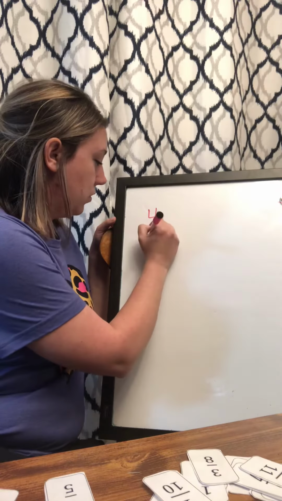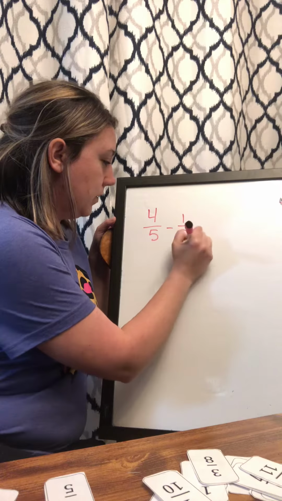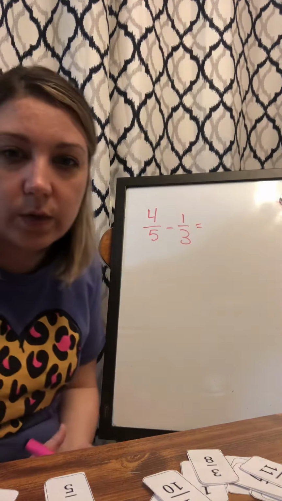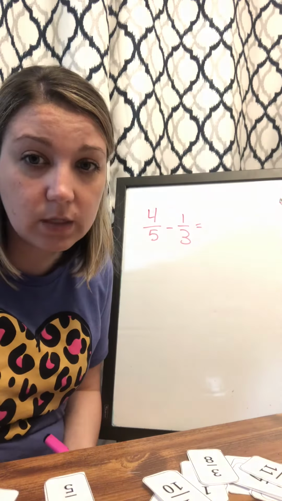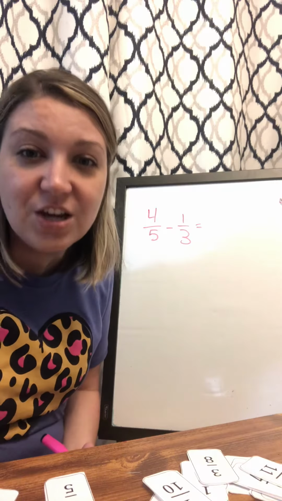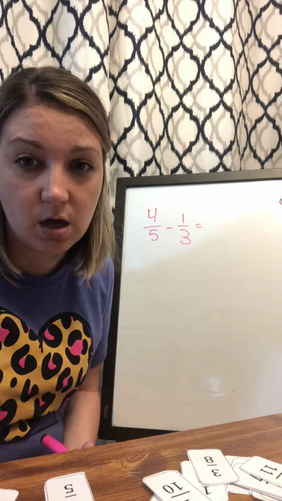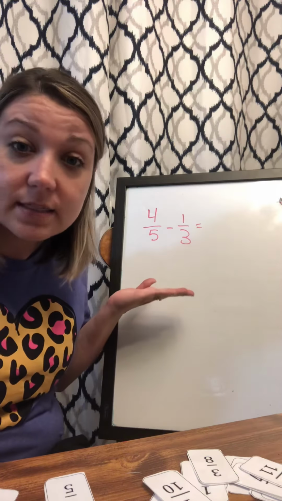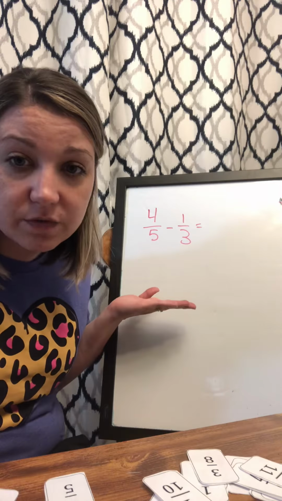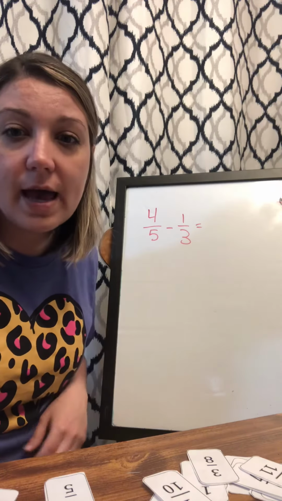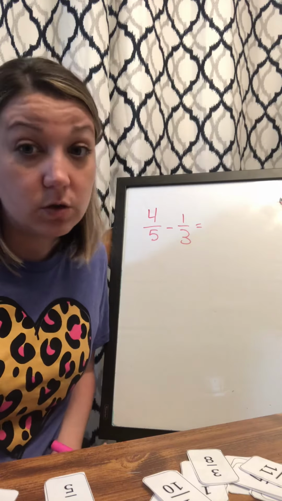So 4/5 minus 1/3. What do we notice about these fractions? They have unlike denominators, so we have to find a common denominator. A lot of you can look at this and know that the common denominator is 15, but I'm going to go ahead and list the multiples out for you.